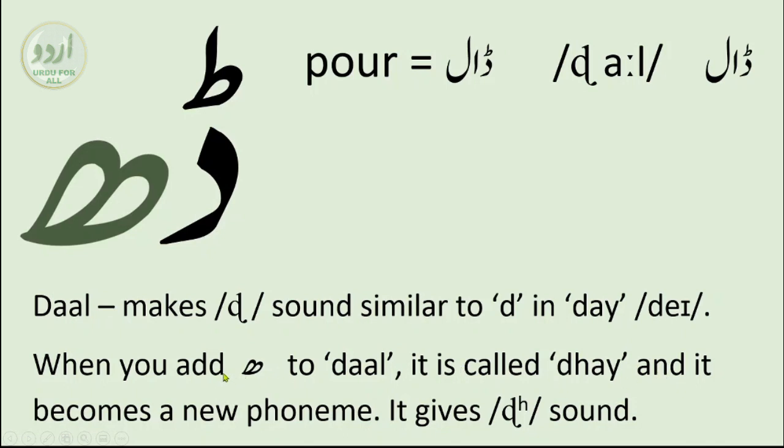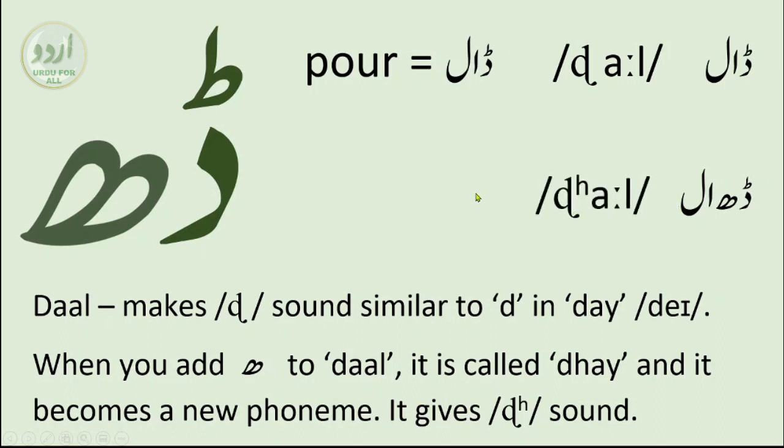It gives d sound. So let's look at an example. Dal and the chashmi hai joined together make d sound. L, dal, and dal means shield. So d and d, two different sounds.